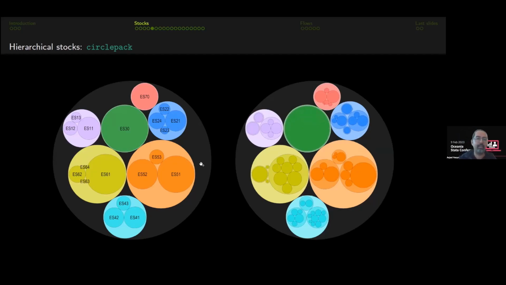What you're seeing here is, for example, ES30, which is Barcelona. This whole region on its own contains just one city. You can see that in this region, this part is the main unit. Within this, I don't know the names, so I'm just using these references. So you can see that circle packing allows you to show some sort of information.